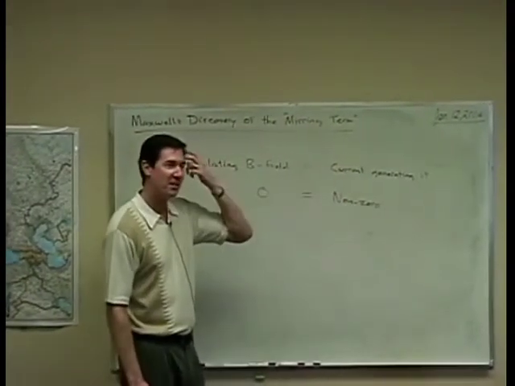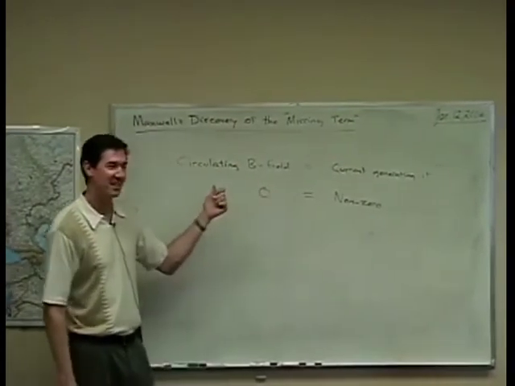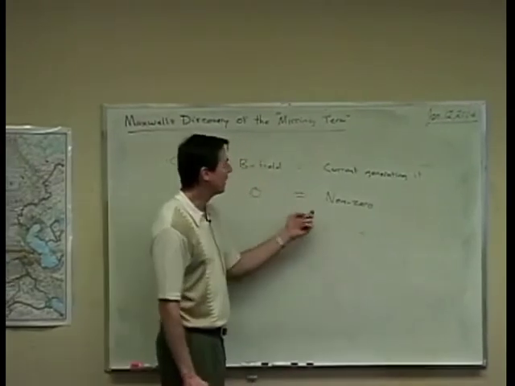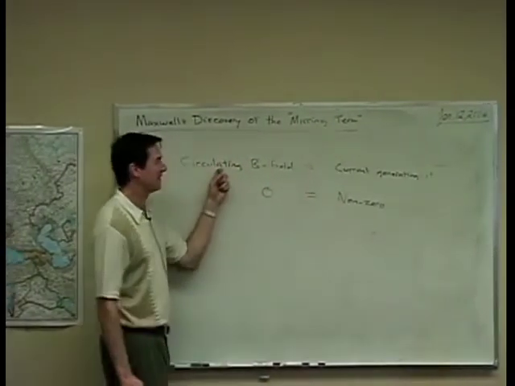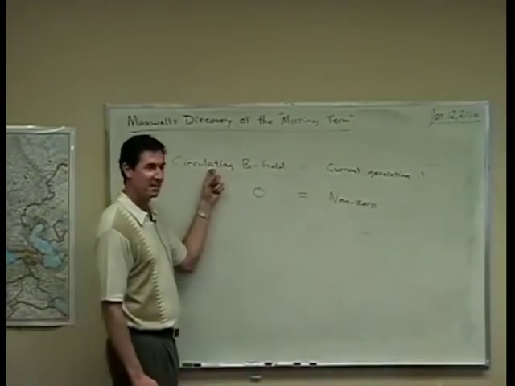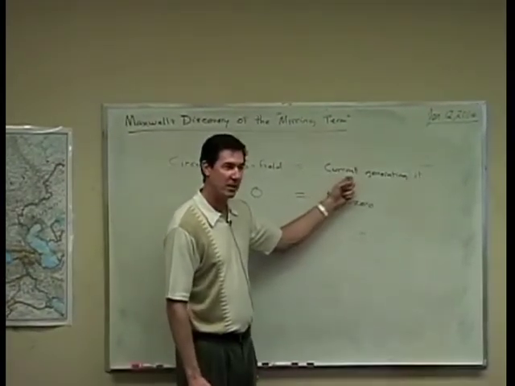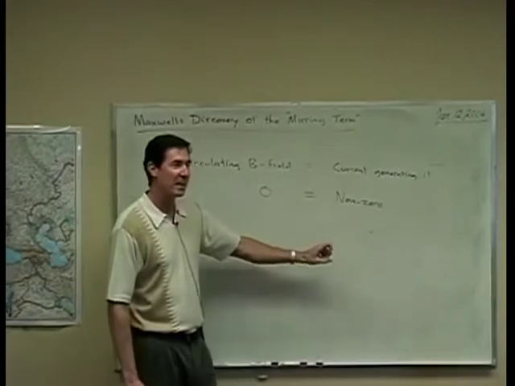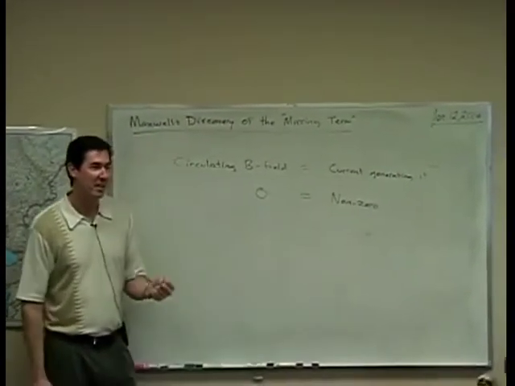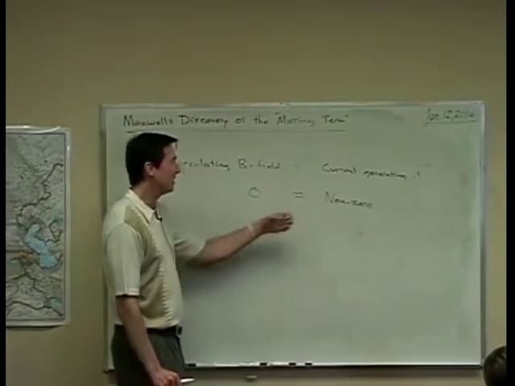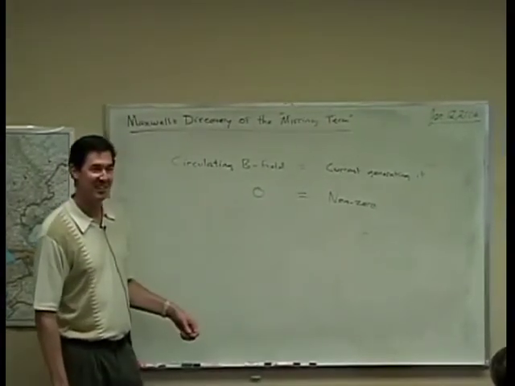And sure enough, it turned out to be just this effect that I described for you: if there were another way of generating a circulating magnetic field other than just having a current go through the loop, if there were a second way of doing it with a changing electric field, then the equation became consistent again.